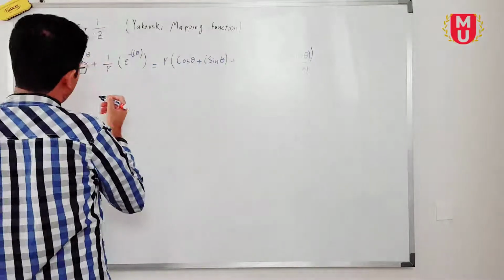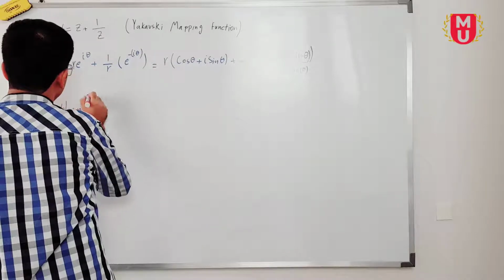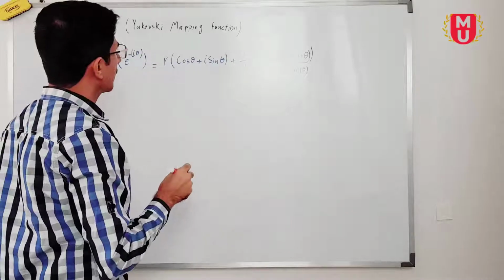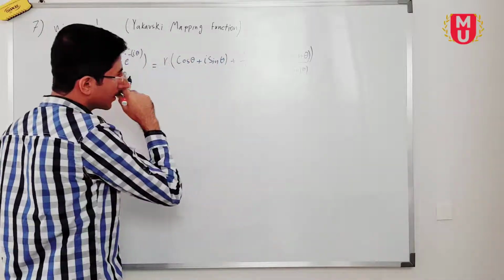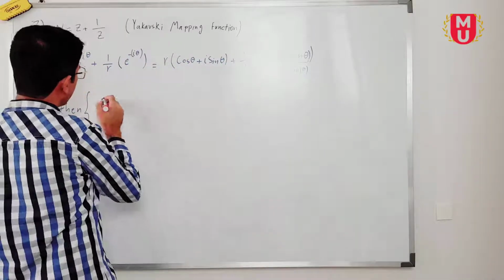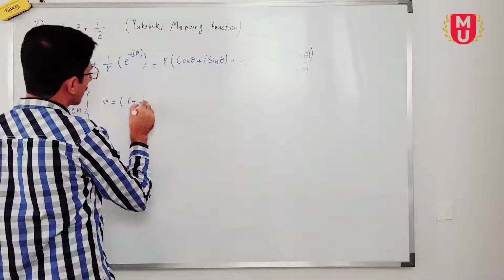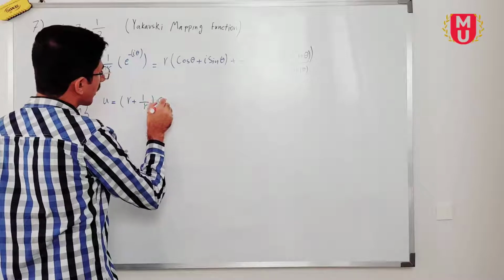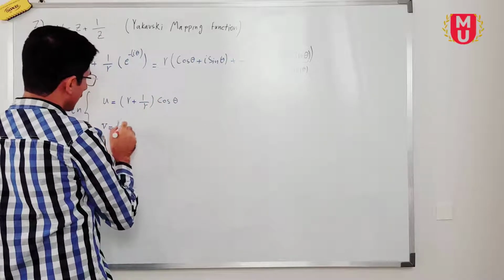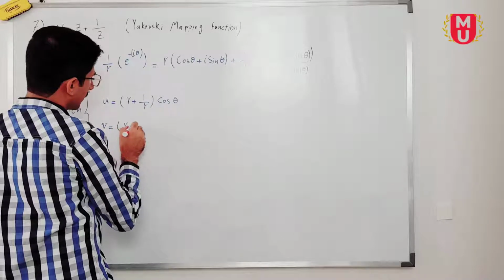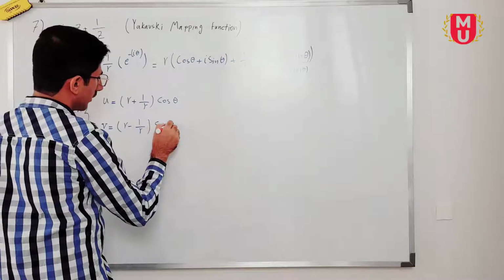If we wrap it up, then we will have u and v, the real part and the imaginary part. U is r plus 1 over r times cosine theta, and v equals r minus 1 over r times sine theta.